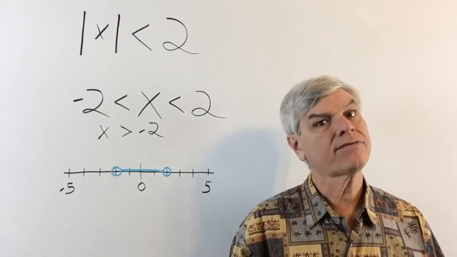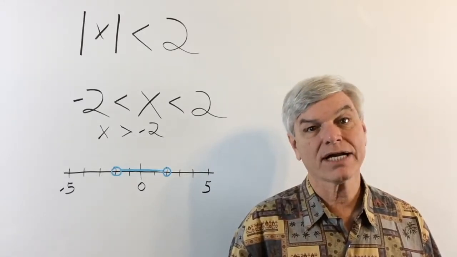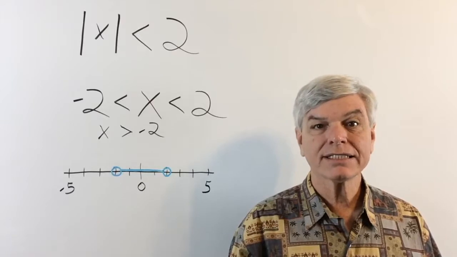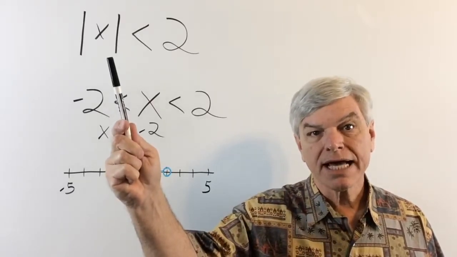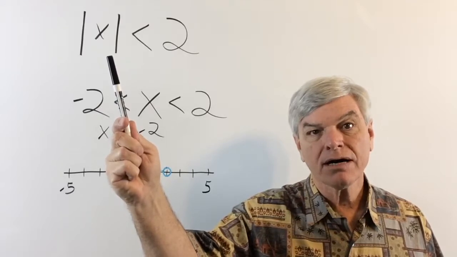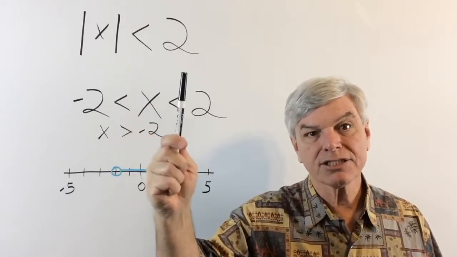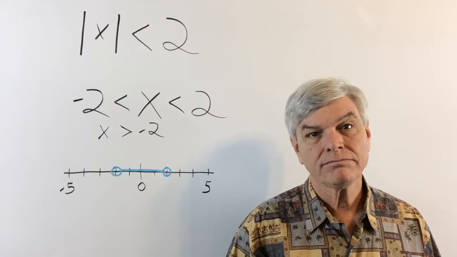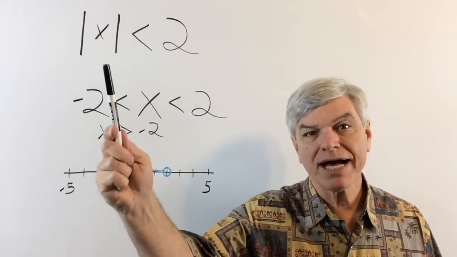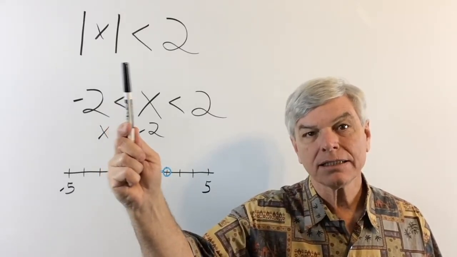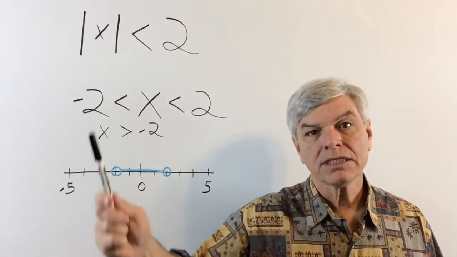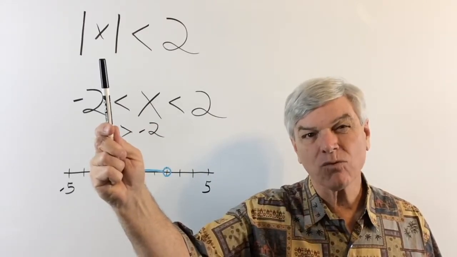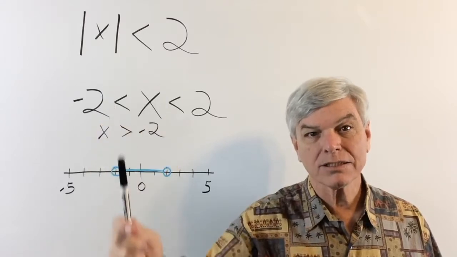And if you're a little confused as to why we're doing the overlap, well, let's check out some numbers. Is the absolute value of 0 less than 2? Yeah. Is the absolute value of 1 less than 2? Yeah. Is the absolute value of negative 1 less than 2?